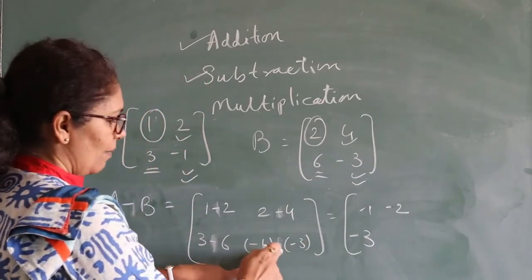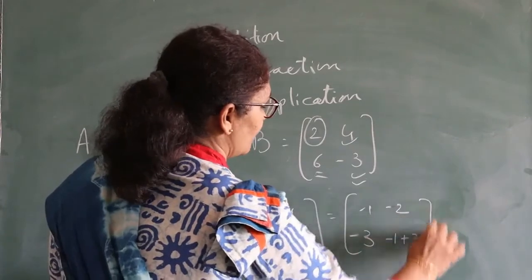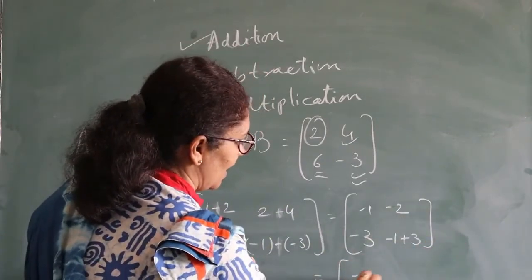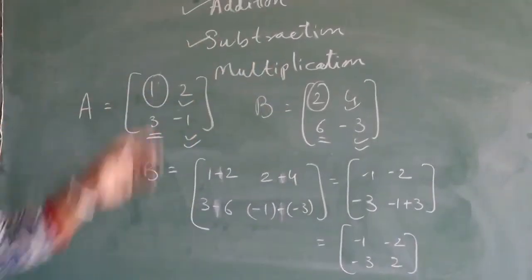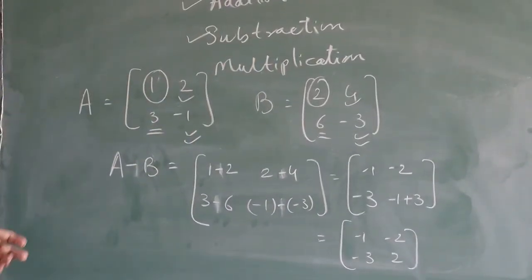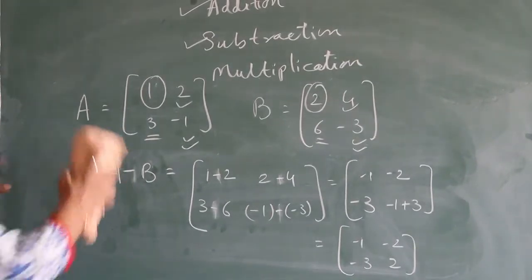But here minus minus is plus, so -1 plus 3. So your last answer will be -1, -2, -3, 2. So two operations we have already learned, addition and subtraction. We will discuss multiplication later.